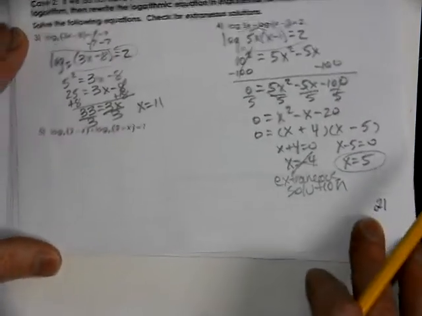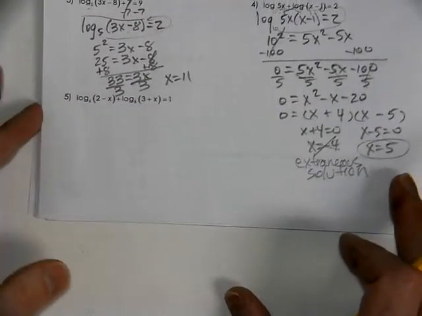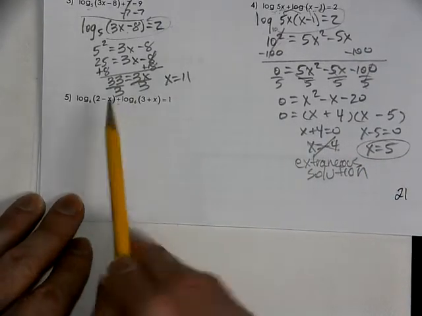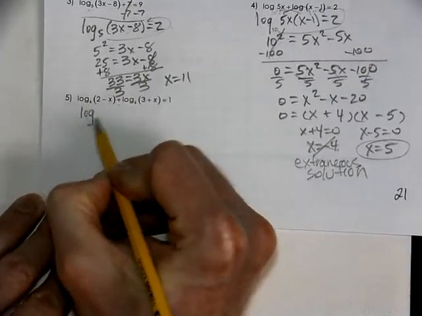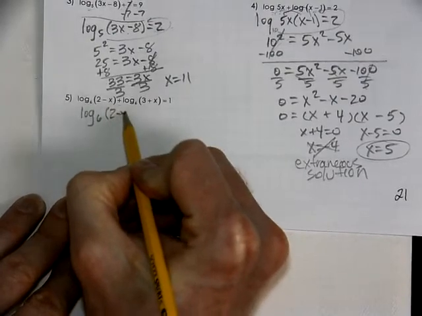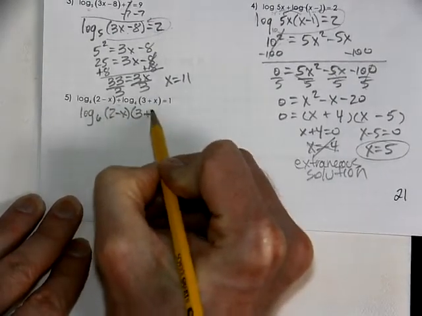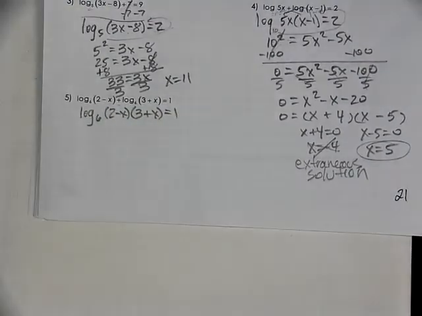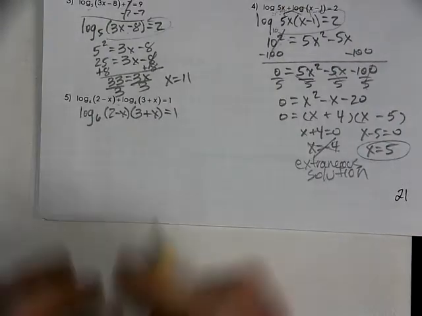We look at our next one. We have two logarithms with a plus in between. That tells us we are going to multiply our two expressions together. We condensed it.